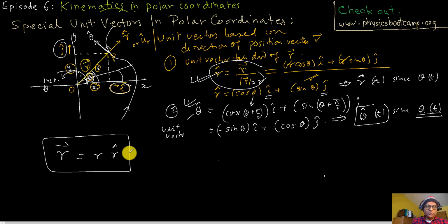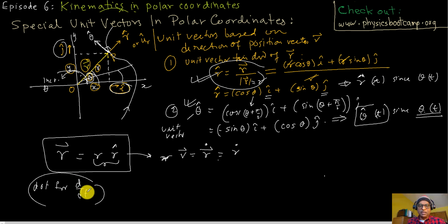And if I want to find velocity, I take a time derivative of this vector, and I get a product rule there. I'm going to use a dot for d over dt. This saves a lot of time when I'm working with a whole bunch of symbols.